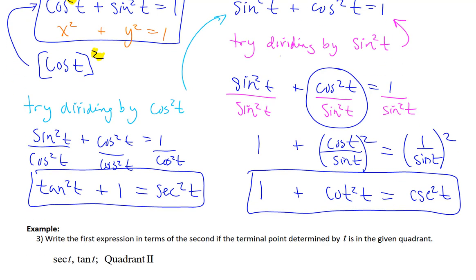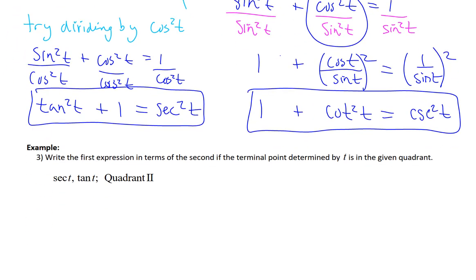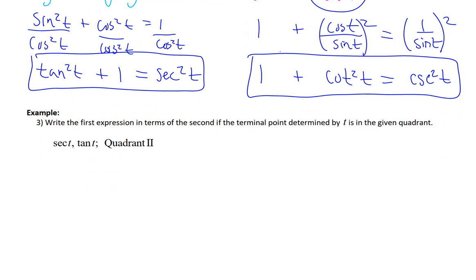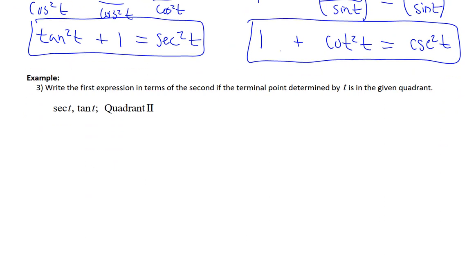Okay, let's try to apply some of this with one more example, which says this. Write the first expression in terms of the second if the terminal point determined by t is in the given quadrant. The first expression is secant of t, the second expression is tangent of t, and we're in quadrant 2. If we're supposed to write the first expression in terms of the second, in terms of means solved for.